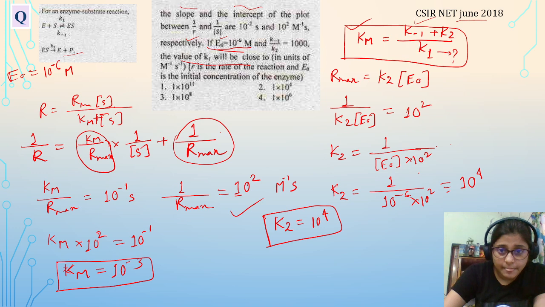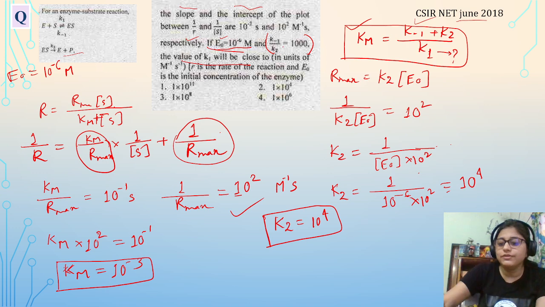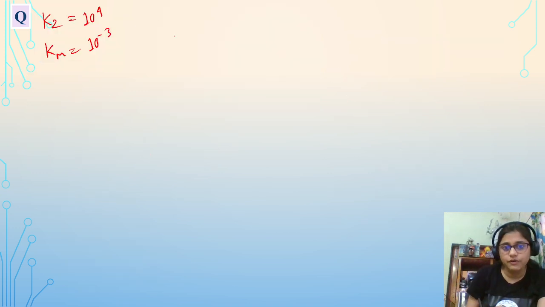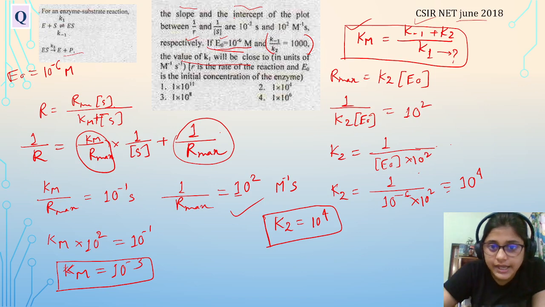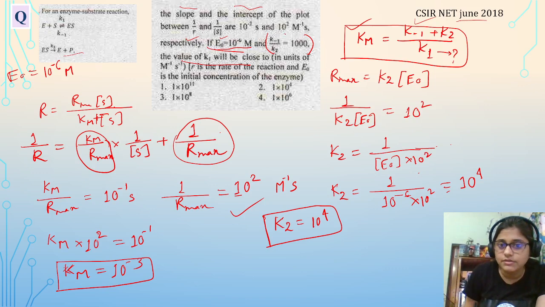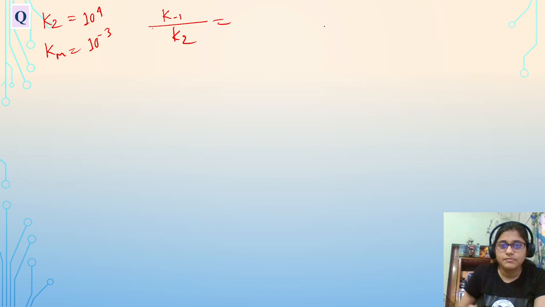Right? So for K inverse, what values are again given? K inverse by K2 value is given. Now we can have the values of all terms. K inverse by K2 is 1000.